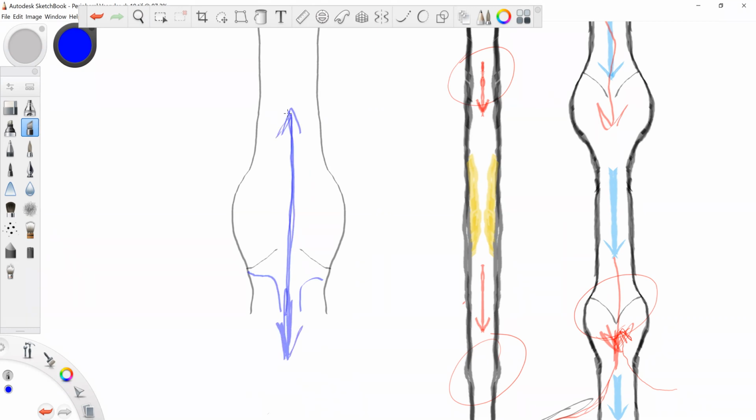In the next chapter, we're going to talk about the effects of hydrostatic pressure, which is basically gravity, and what it does to our legs. Eventually all of that reversal of flow is really bad for us.